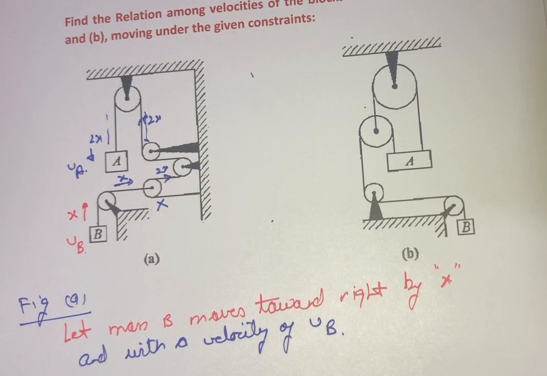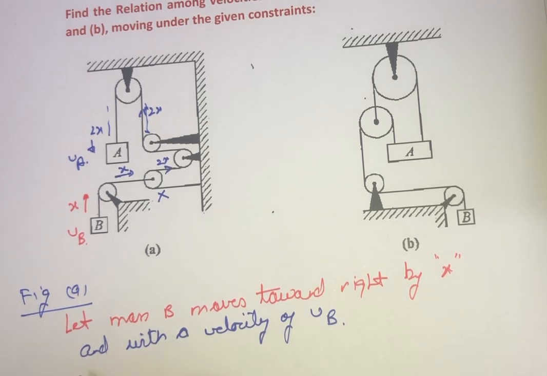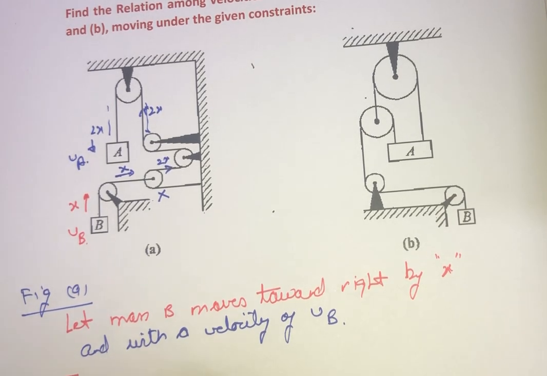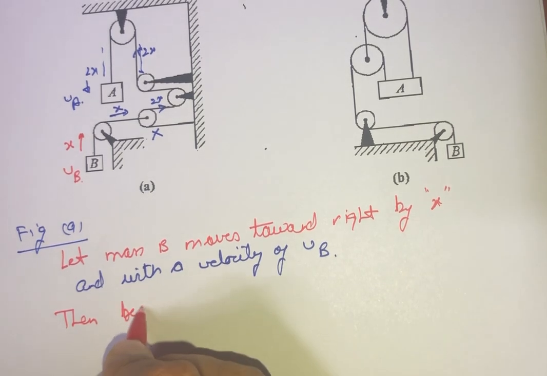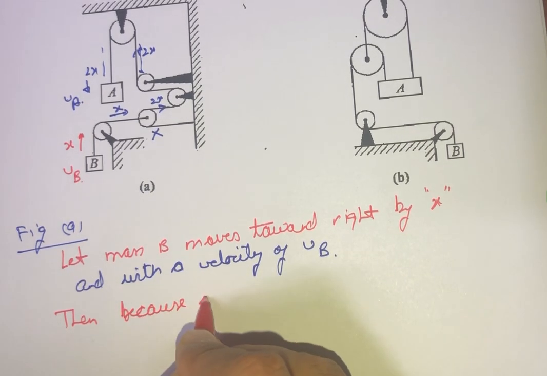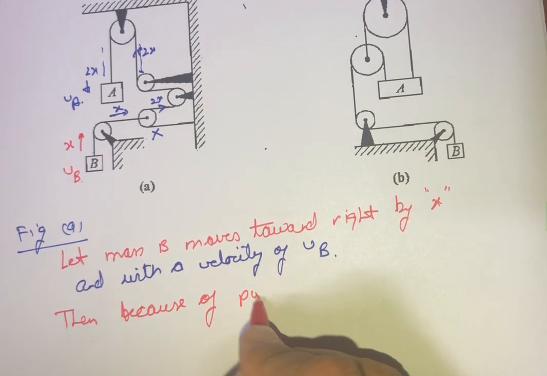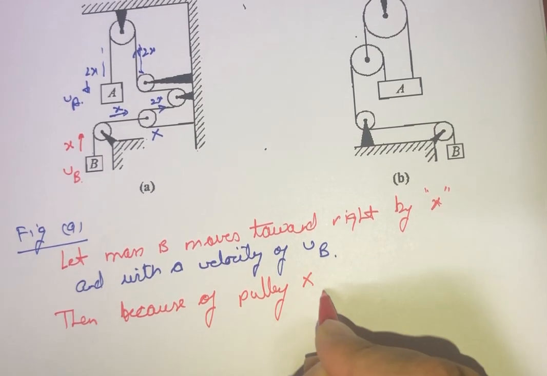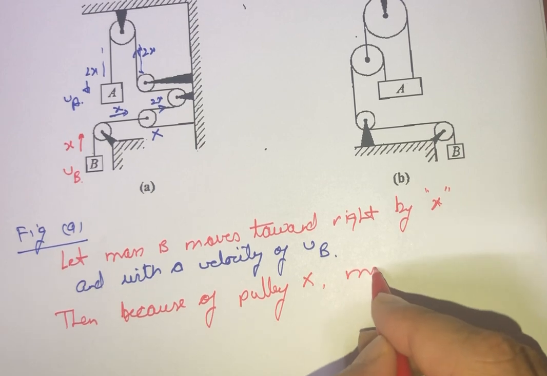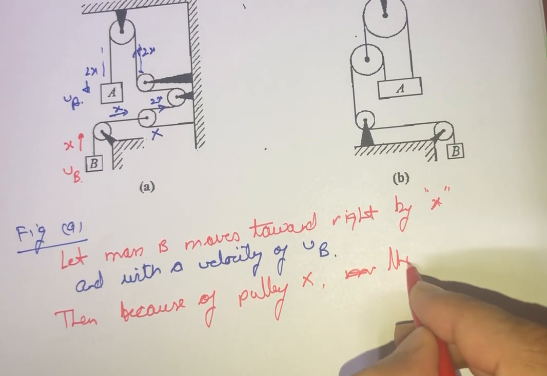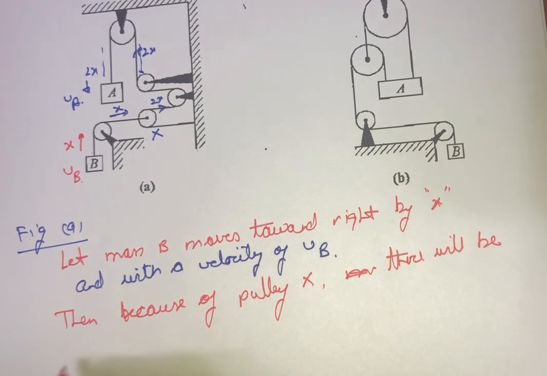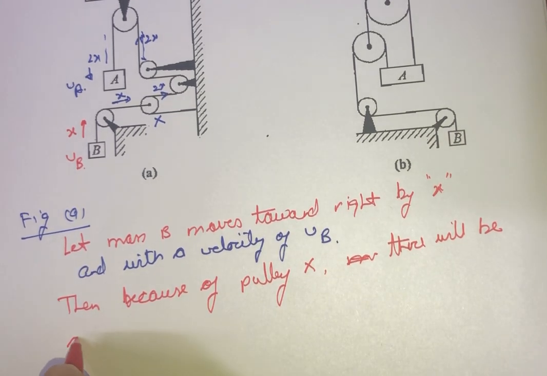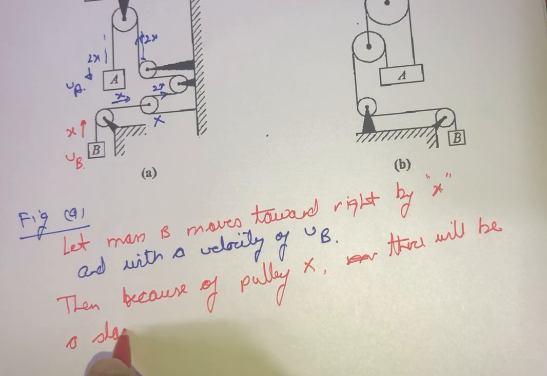Okay, then because of pulley x, there will be a slack of 2x.